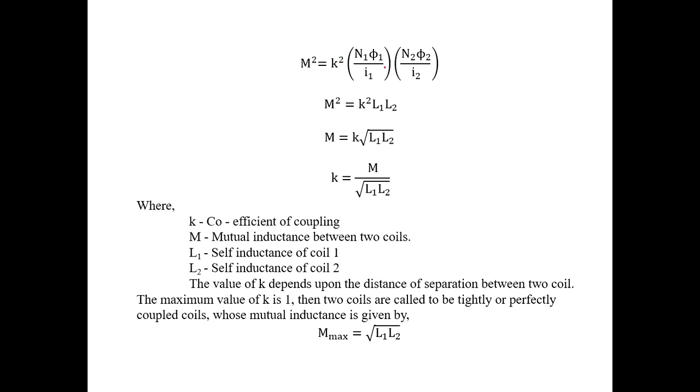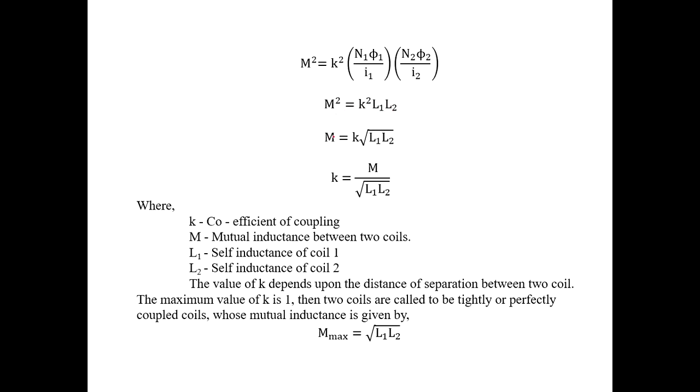Then N1 φ1 divided by I1 is the self-inductance L1. Then N2 φ2 divided by I2 is L2, the self-inductance of coil 2. We can write M square is equal to K square into L1 into L2.